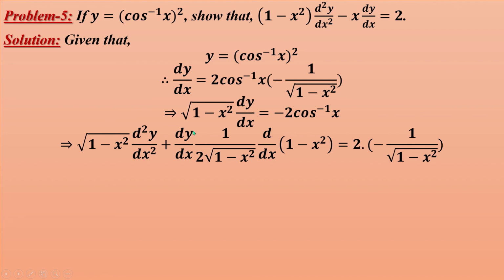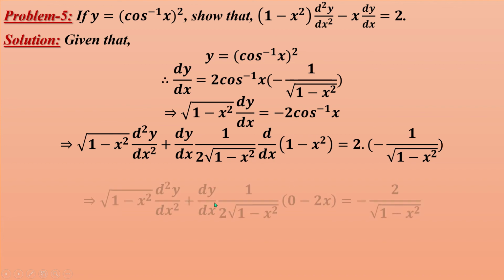Now v fixed, the derivative of square root over 1 minus x square means 1 divided by 2 root over 1 minus x square into the derivative of 1 minus x square, and the right side will be the derivative of cos inverse x, which means minus 1 divided by square root over 1 minus x square, and here will be minus, here will be minus.